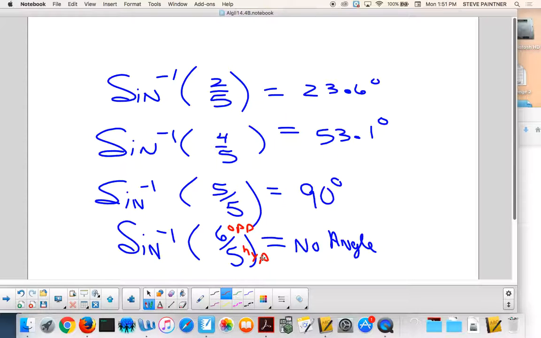Side A is 30, and side B is 52. I'll give you a hint: out of these 6 problems, 4 of them have 2 triangles. 4 out of the 6 have 2 triangles that exist.